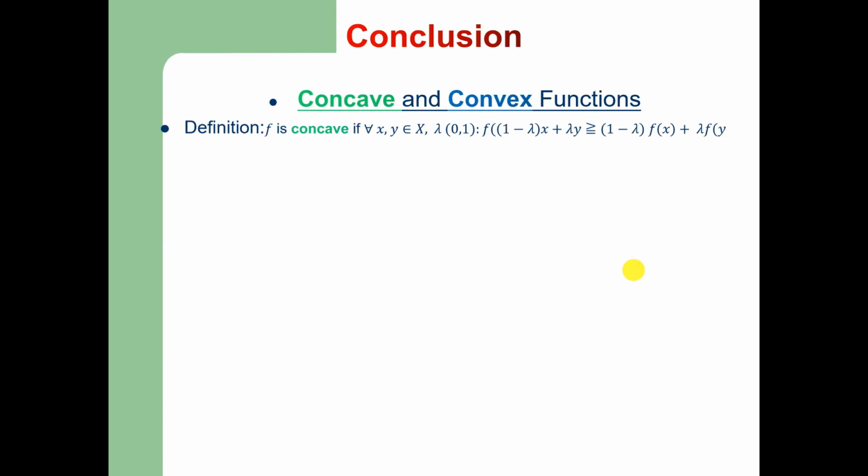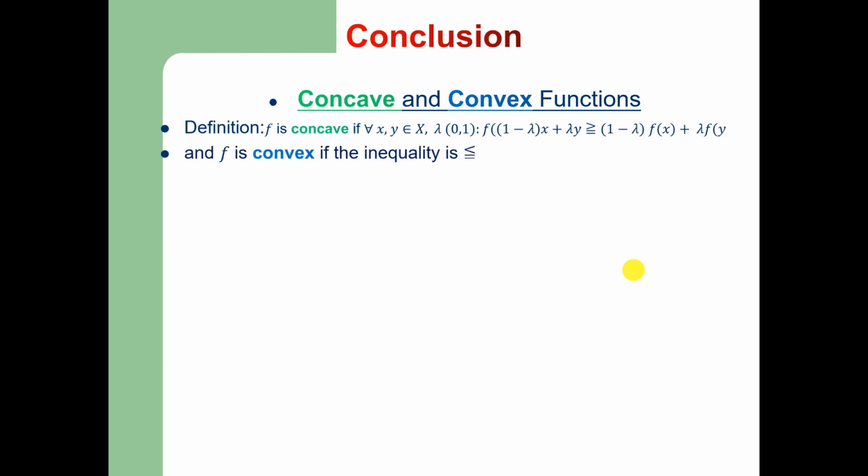So the definition of the concave function is: a function f is concave if for all x and y in the domain, that is in the commodity space, and lambda in the interval of 0 and 1, f of 1 minus lambda x plus lambda y is greater than or equal to 1 minus lambda f of x plus lambda f of y.